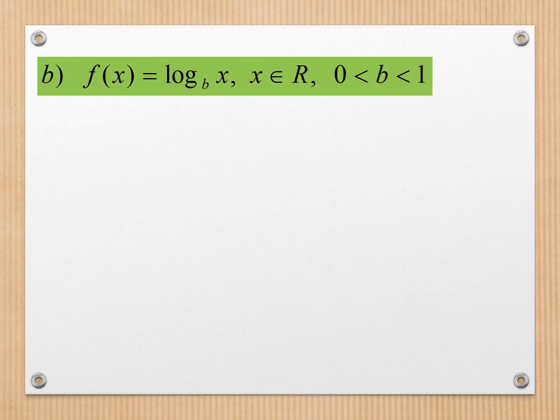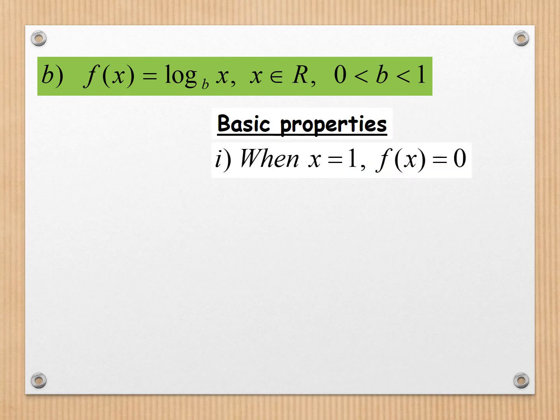The second basic logarithmic function B: f(x) equals log base b of x, x an element of the positive real numbers, b in between 0 and 1. Basic properties are: the first one, when x equals 1, f(x) equals 0. This is the x-intercept.